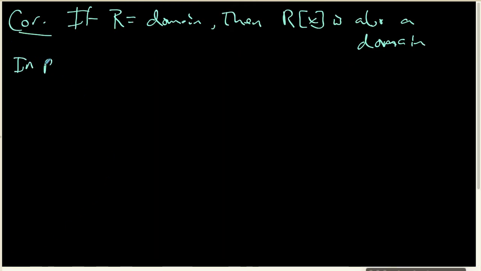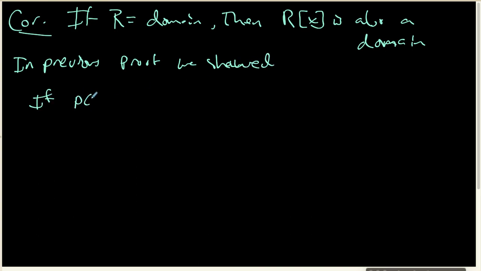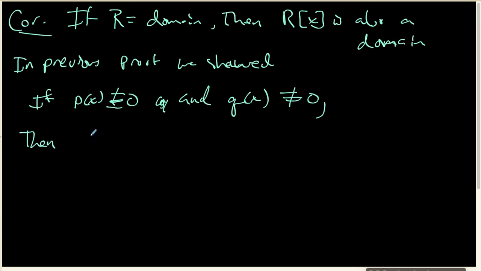So in the previous proof, we showed that if p of x was not equal to the zero polynomial, and q of x was not equal to the zero polynomial, then p of x times q of x was not equal to the zero polynomial.